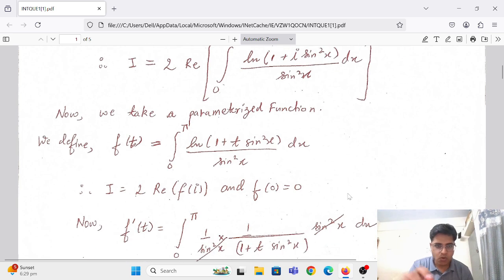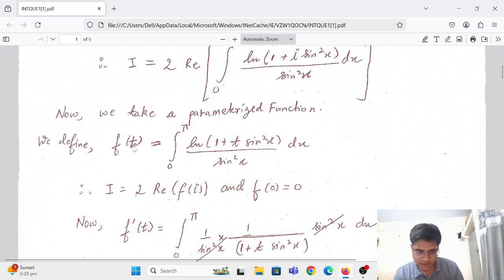Now, what would be our final answer? I would be 2 times the real part of f of iota. Also, one more important thing to note is that if we put t equal to 0, we get ln of 1 in the numerator, which is 0, and the integral of 0 over any interval is 0, so f of 0 must be 0.